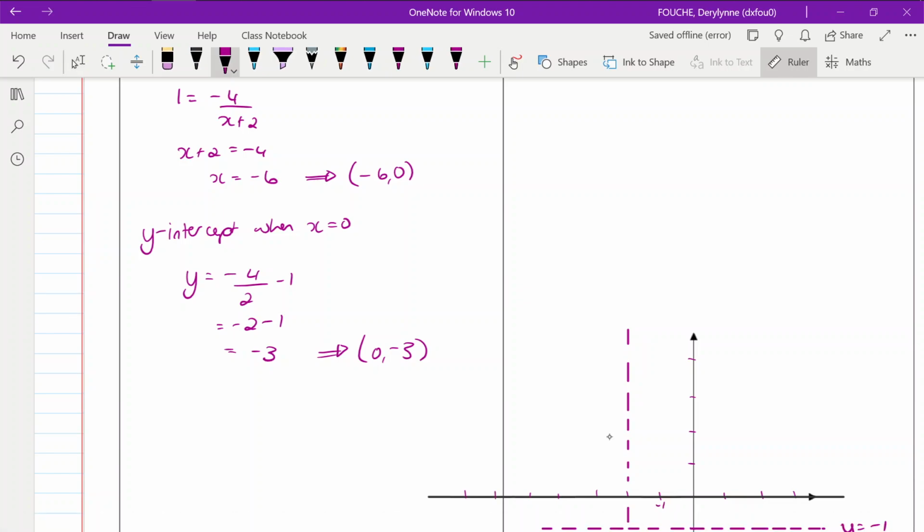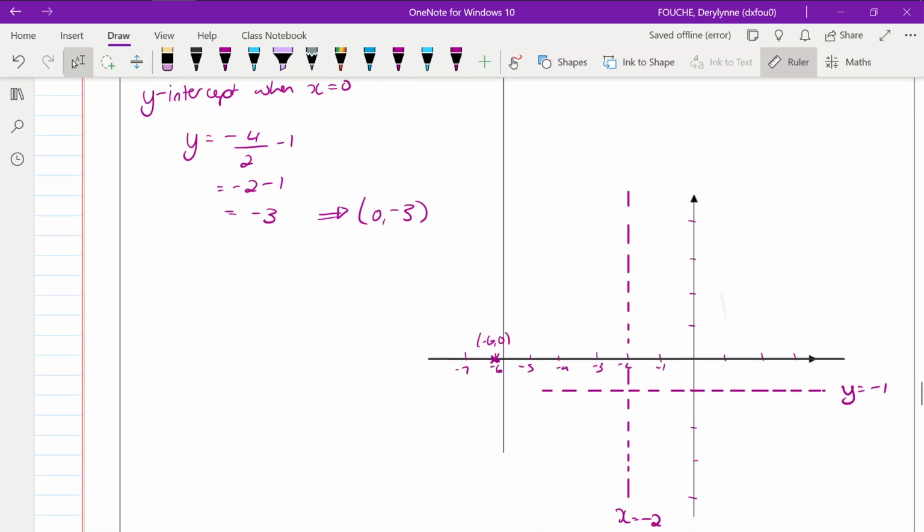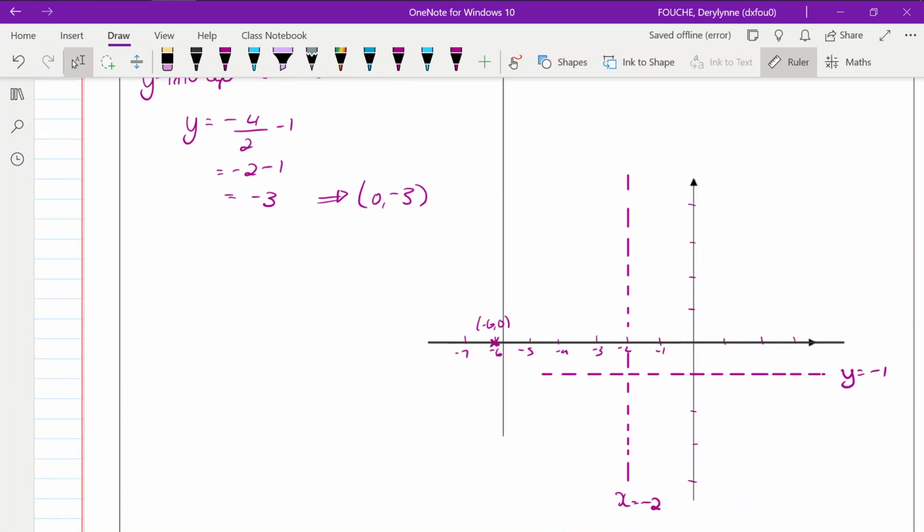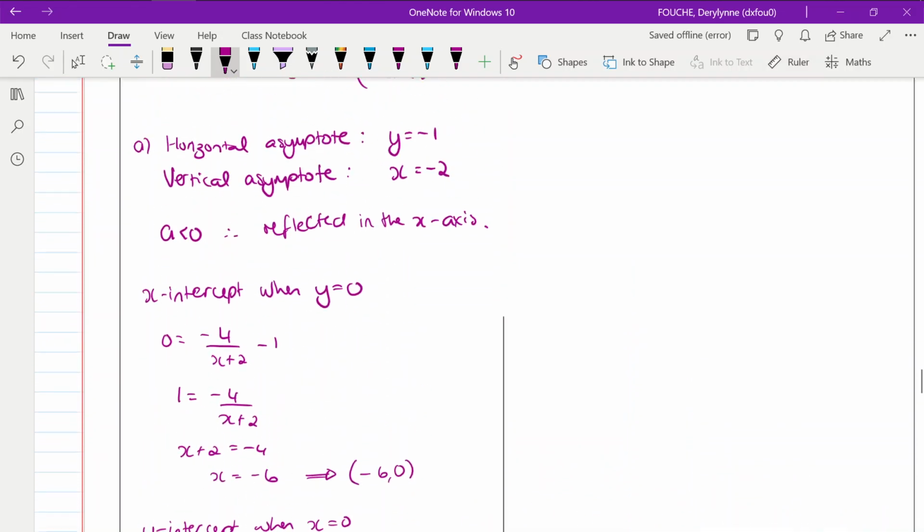Okay, so there's -1, -2, 5, 6, 7. There's my x-intercept at -6, 0. And my y-intercept's at 0, -3. But this is not actually telling me anything about the shape of my hyperbola.